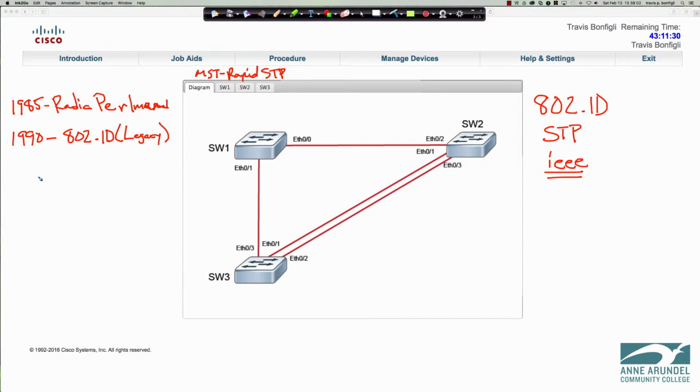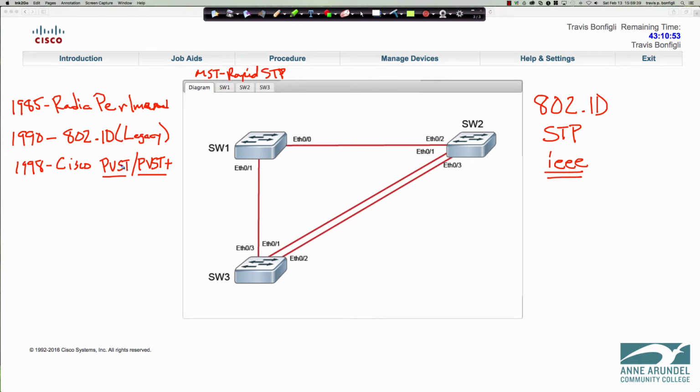All right, and then in 1998, about 8 years later, the 802.1 standard got updated, and we saw where Cisco was using PVST and PVST plus. This is one of the things that makes learning spanning tree a little more difficult than some of the other Cisco concepts: the sheer number of acronyms and different spanning tree protocols, and the way that Cisco describes it as opposed to the way the IEEE describes it.